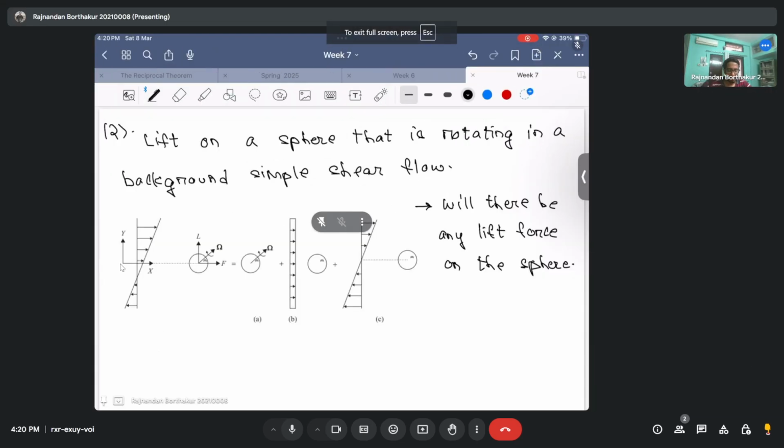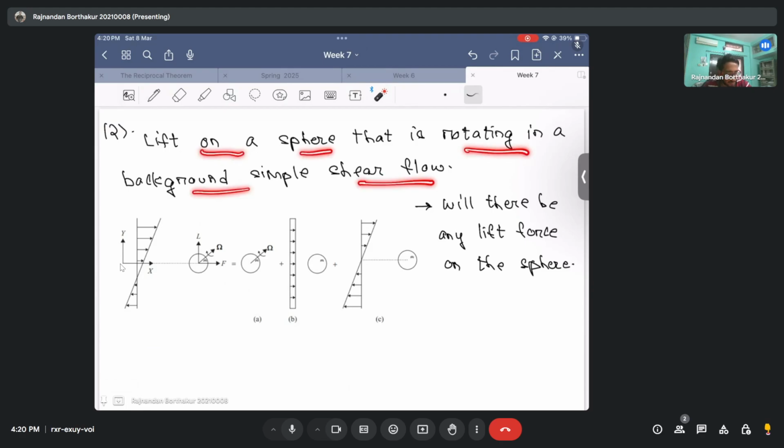Okay, all right. So the second consequence is that we will now try to estimate the lift on a sphere that is rotating in a background shear flow. I have a sphere which is rotating about some axis with some angular velocity omega, subjected to a linear shear flow of this form.